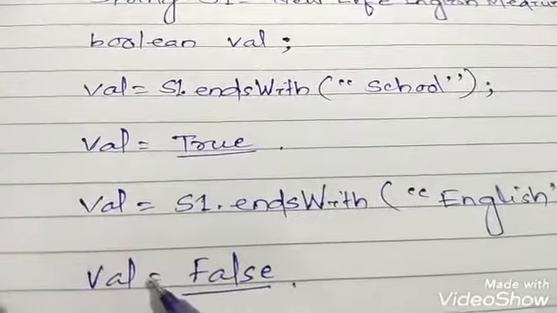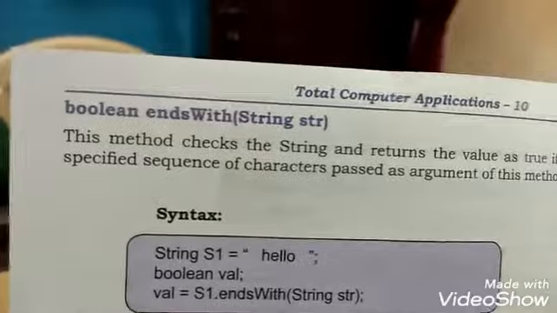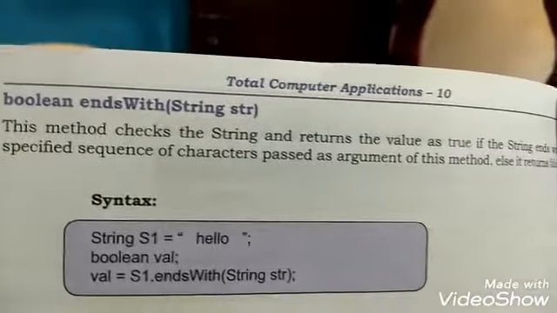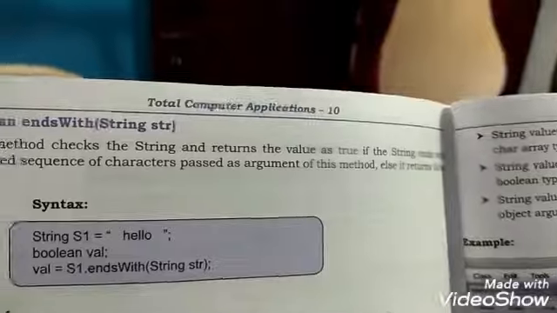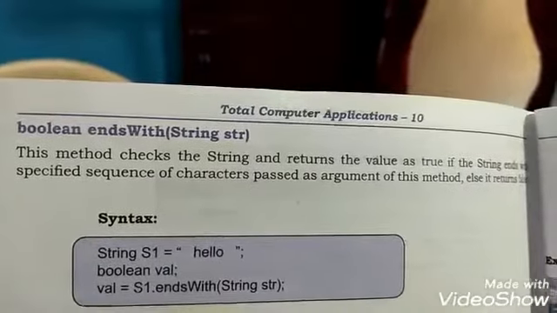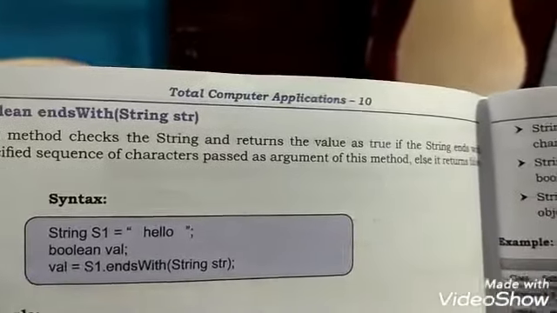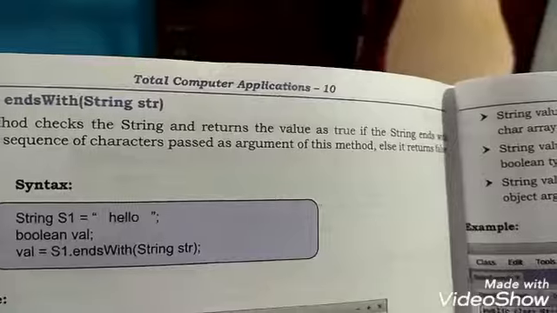So the value of val will be false. Once again you see the method. What is that? Boolean endsWith(String str). This method checks the string and returns the value as true if the string ends with specified sequence of characters passed as argument of this method, else it returns false.